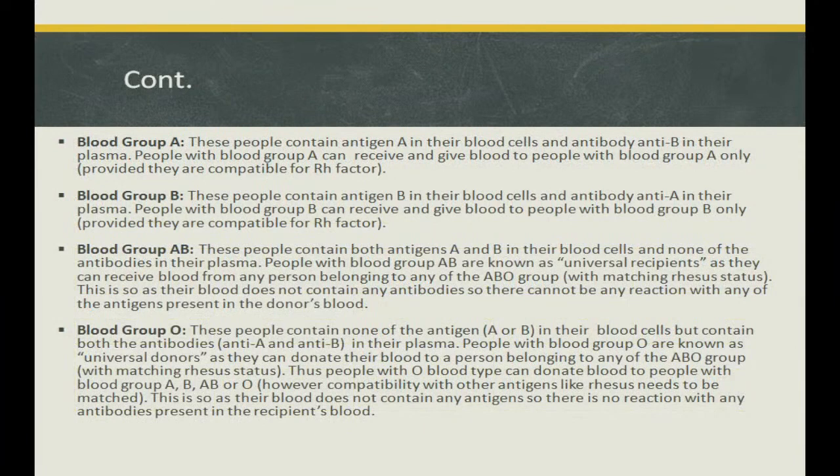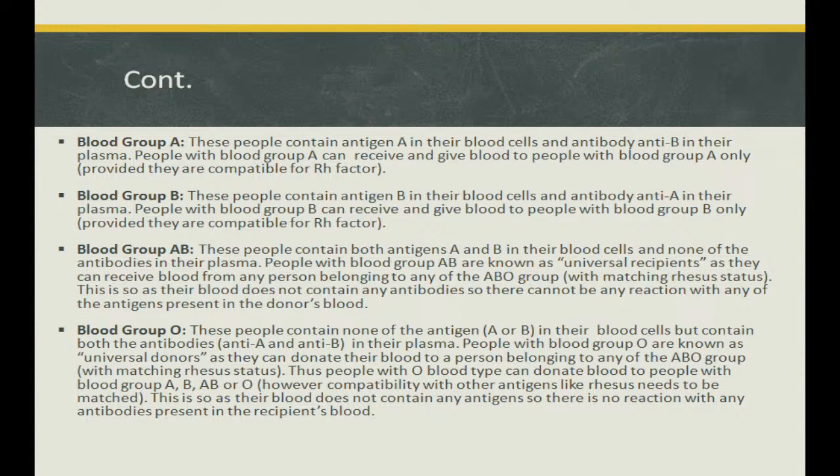So, as you already understood, blood group A means that these people contain antigen A in their blood cells and antibody anti-B in their plasma. People with blood group A can receive and give blood to people with blood group A only, provided they are compatible for rhesus factor. It is absolutely used nowadays.